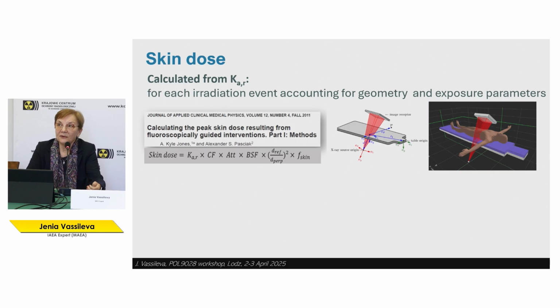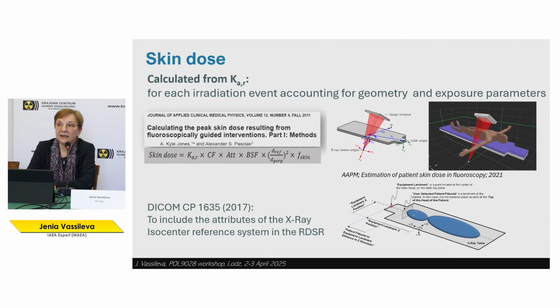The modern approach that is available now more and more in dose management systems, but also in real time, is calculated skin dose. It takes almost all procedures. All approaches use this calculation approach, although there is a very recent paper from a few weeks ago showing another approach.